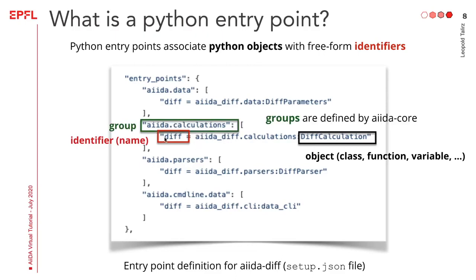And you need to place this identifier inside a group, inside an entry point group, in this case AiiDA.calculations. These groups are defined by AiiDA core, and when AiiDA core starts, it will go through all of the entry points provided in the AiiDA.calculations group in order to know which calculation types have been provided by plugins.